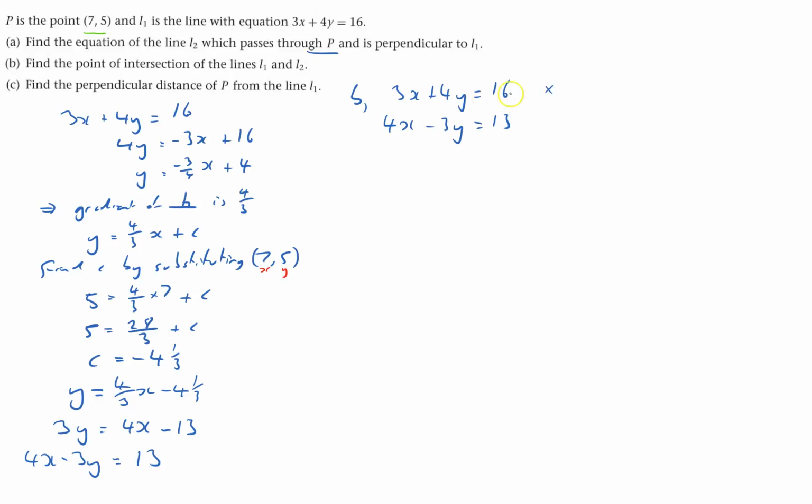So I'm going to times the top one by 3, and that will give me 9x plus 12y equals 48.